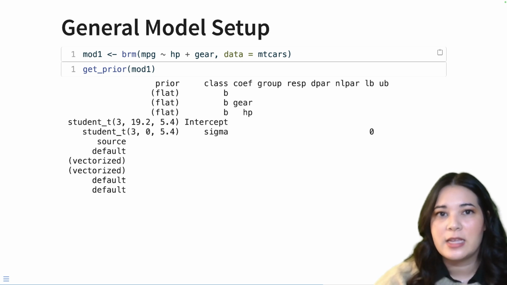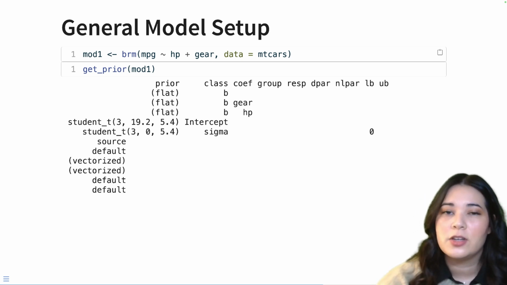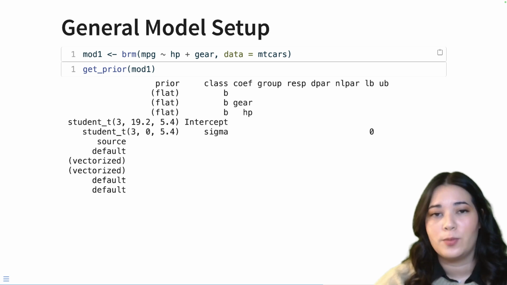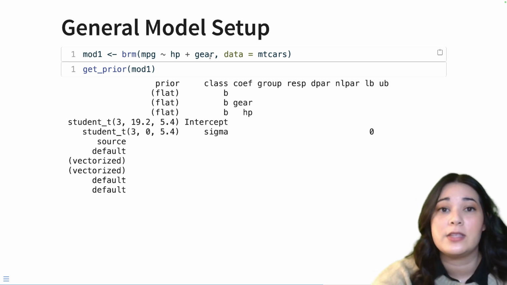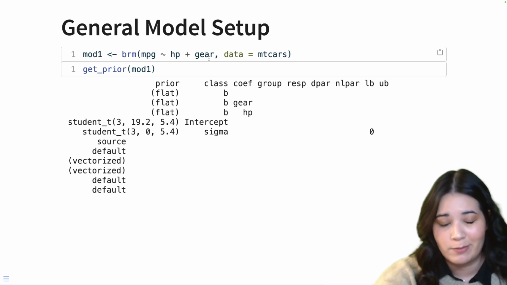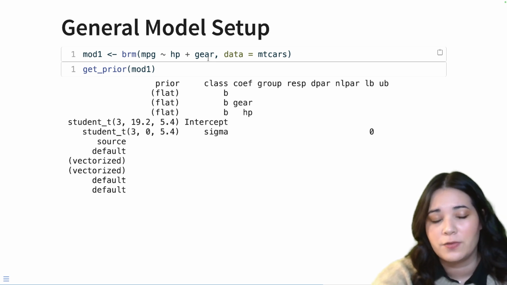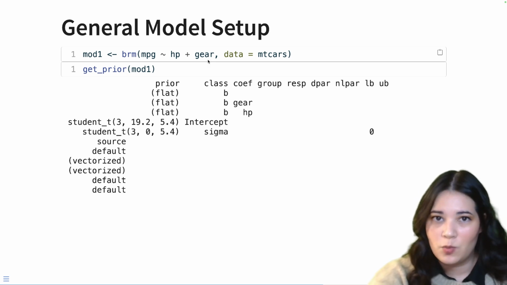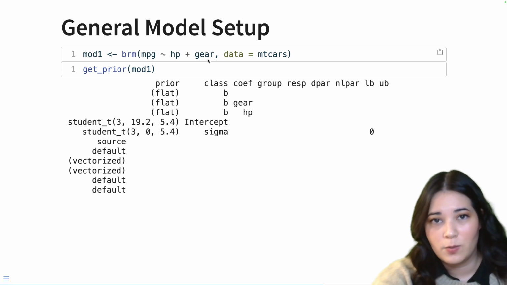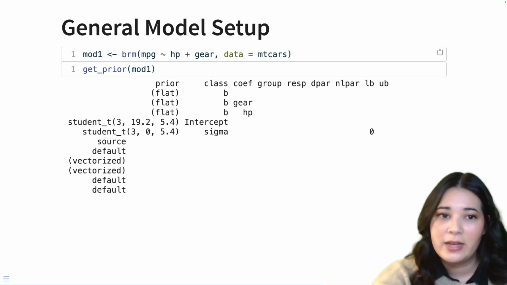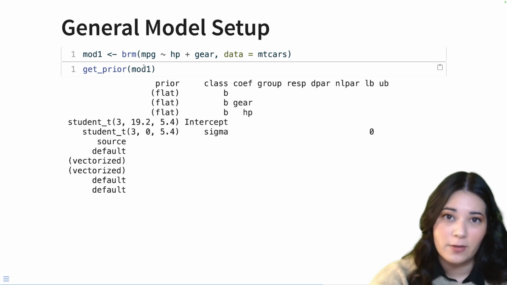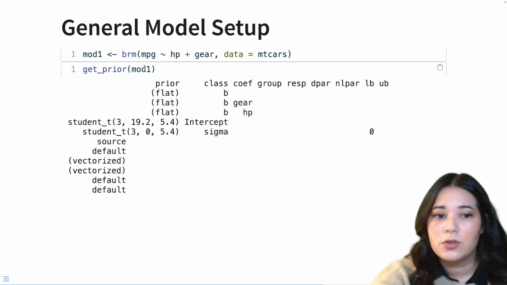And that's because in the brms package, there are things called default priors. Now, I don't always recommend them, but they can be a good place to start if you're not sure what types of priors you should put on your various coefficients. Now, in order to see what priors a model is using, whether you specified them or you're using the defaults in the brms package, you can use the get_prior function, which will allow you to see a readout of all of the priors.